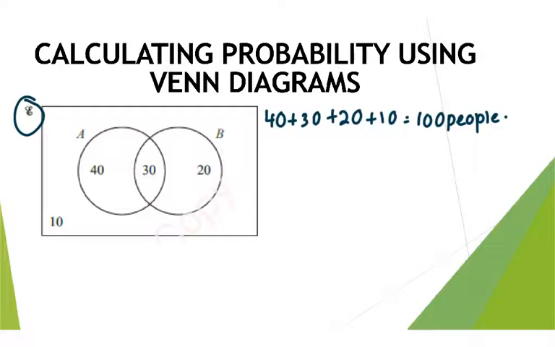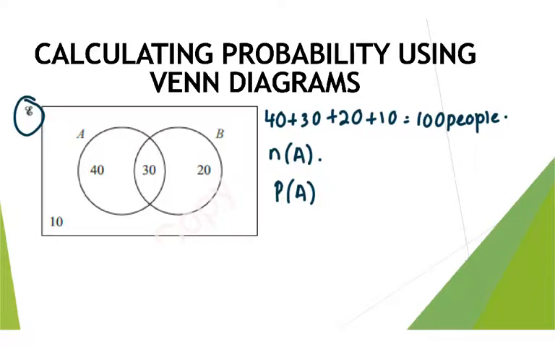We can write the number of elements in set A in this form, and we can write the probability of set A in this form. It means the probability of an element in set A. You can write the number of elements in set A as a fraction of this sample space.